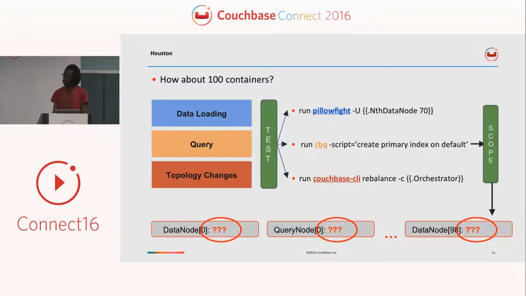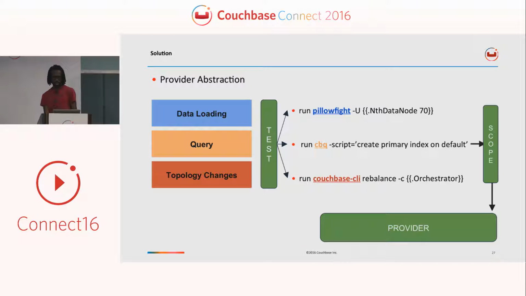But let's say we want to test against containers, which are Couchbase containers, which are just more flexible for starting. At that point, we don't really know what the IP addresses are going to be of the containers at runtime, right? When we start them up beforehand. So we kind of lose that option. So the third piece that we put in there was a provider, which essentially says, I will go and start however many Couchbase containers you want, and then I'll predefine all these identifiers that are used within the scope that makes sense, right?